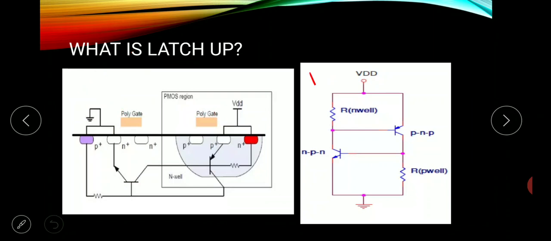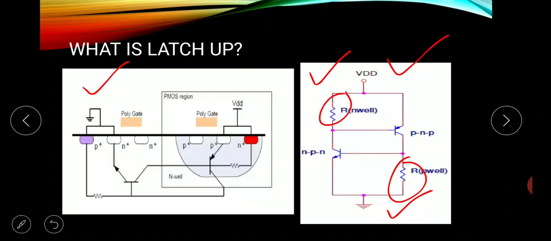Here a path is provided by the circuit from VDD to ground, and the resistors are bypassed, so excessive current flows from VDD to ground.